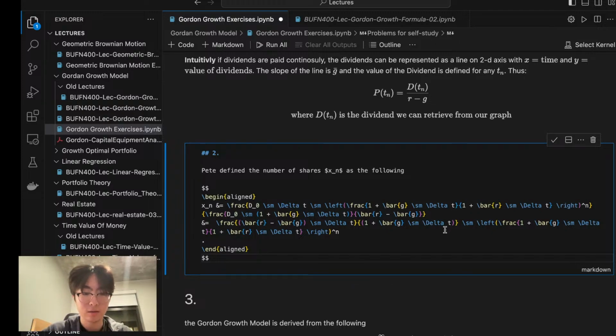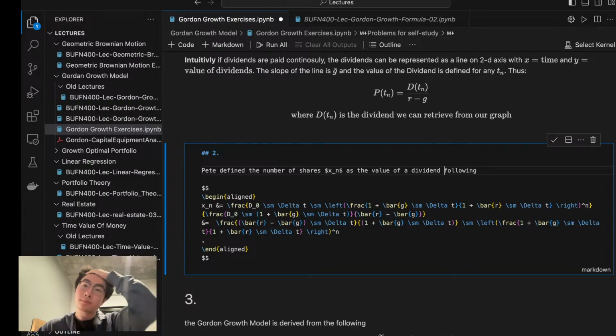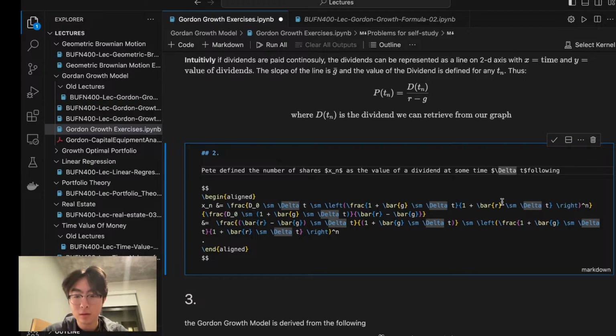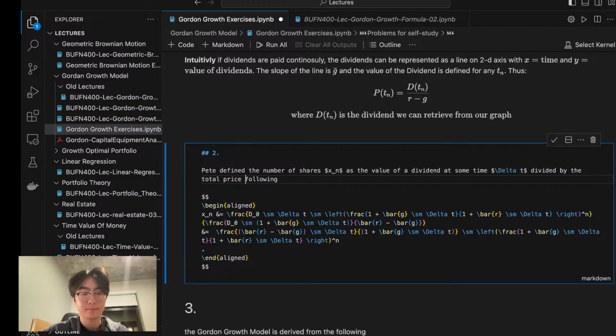Oh man, okay. As the value of a dividend at some time delta t, divided by the total price of the assets.